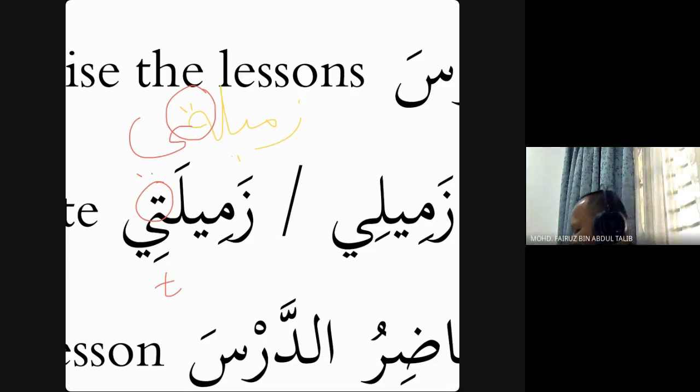Sadiqa, sadiqati. Ustaza, ustazati. That is how you join this ta with ya. The h sound becomes the t sound again. That is why in the first or second lesson I said it is a special letter. So that is atahaddathu ma'a zamili.